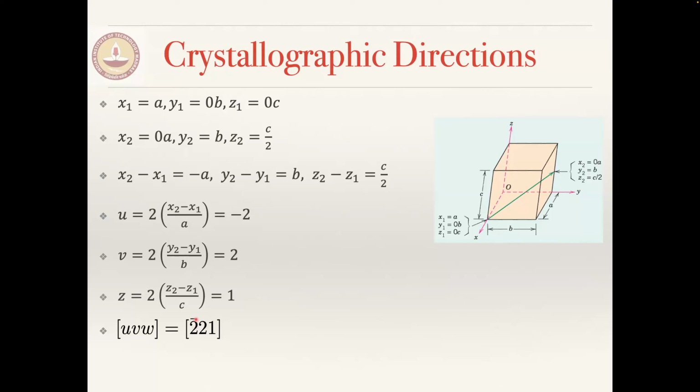When you put a bar above it, then it's a negative number. 2 bar, 2 and 1, written side by side and enclosed in square brackets. And that is how this particular crystallographic direction can be represented. Is that clear? So why do we choose 2 over here? Yeah. So let me write down.